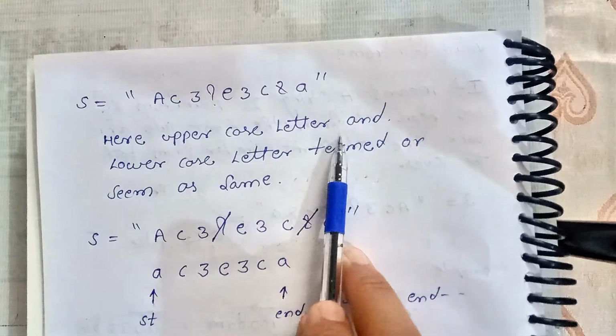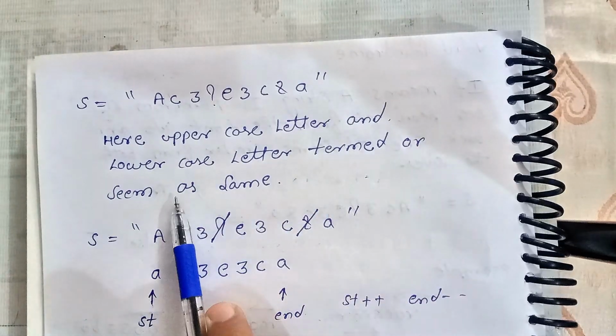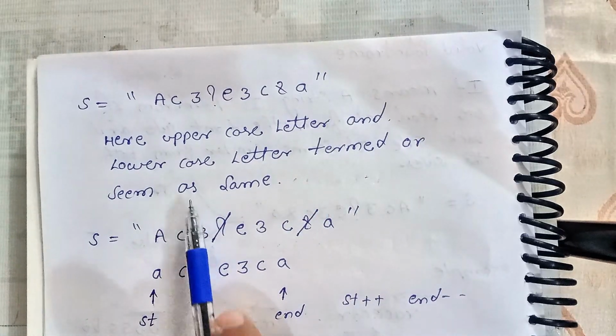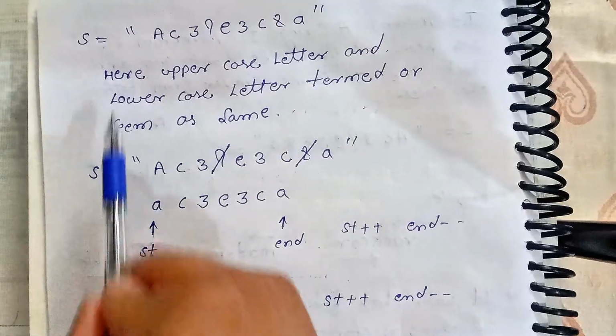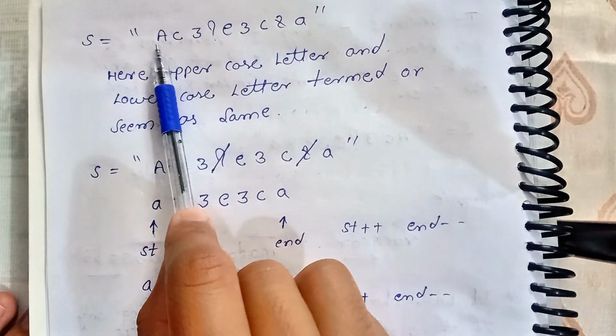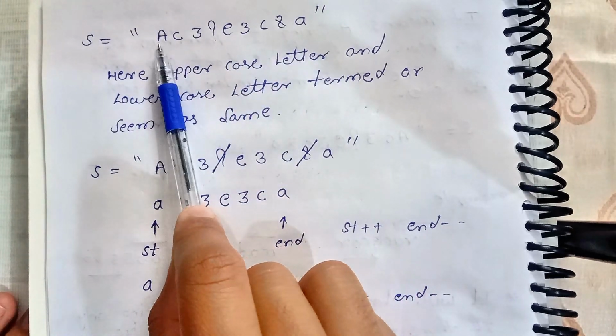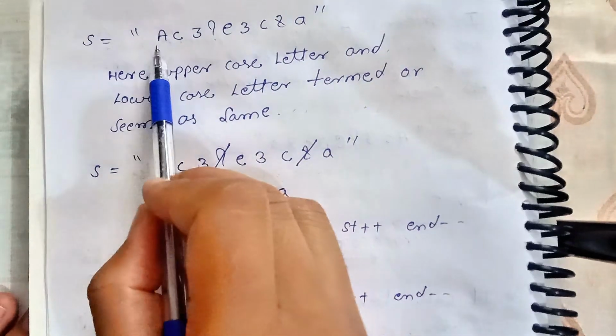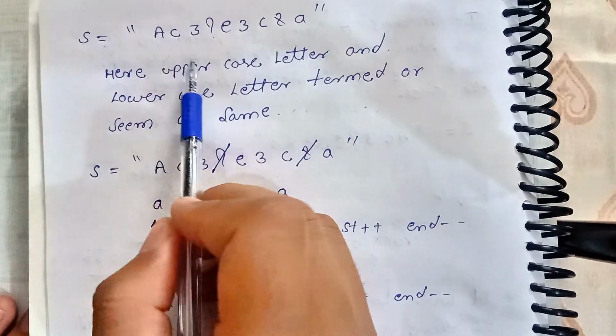Here uppercase letters and lowercase letters are treated as the same. So if we have A in capital, then it is treated as A in small, so we have to convert this from capital to small.